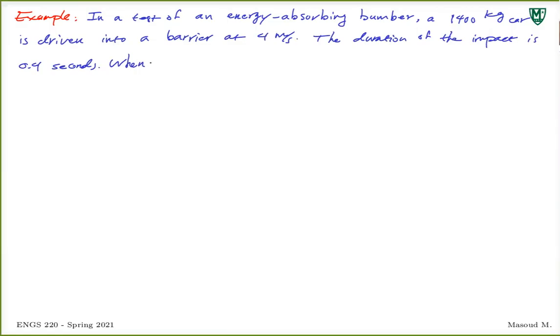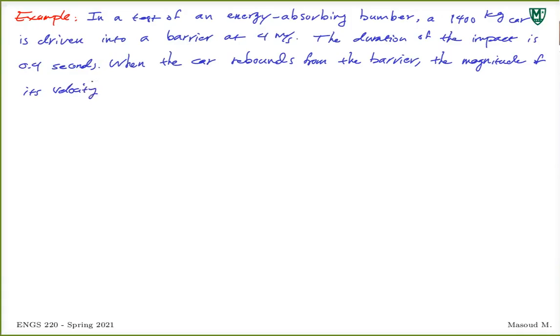When the car rebounds from the barrier, the magnitude of its velocity is 1 meter per second.